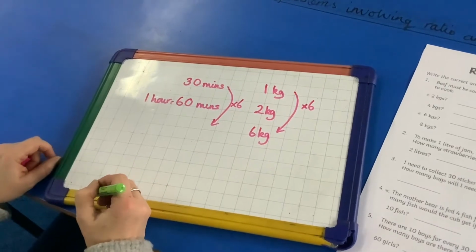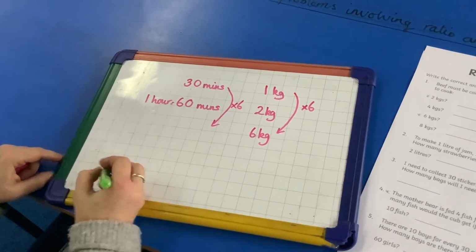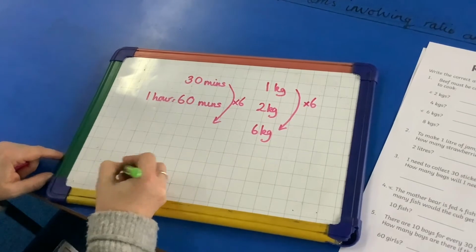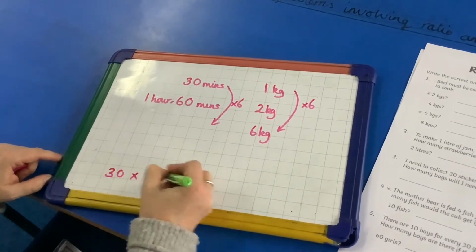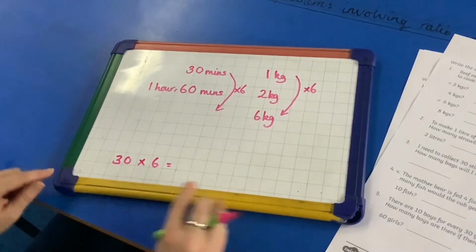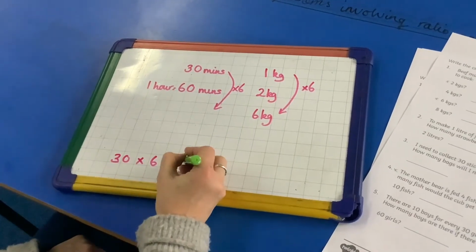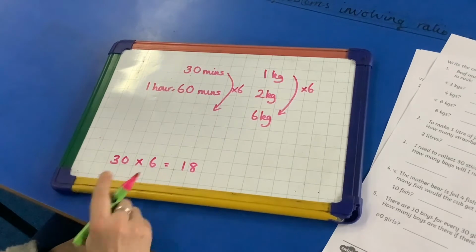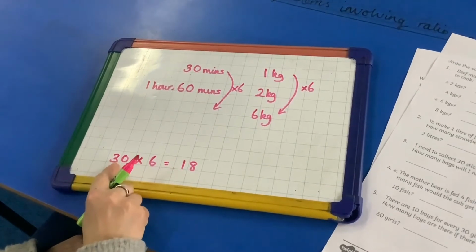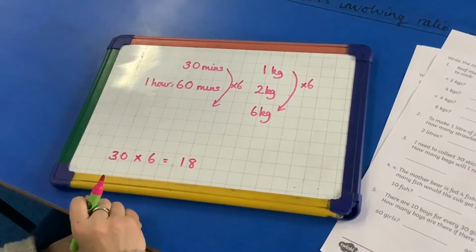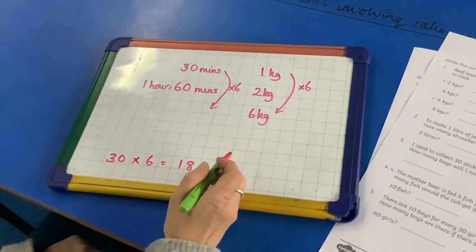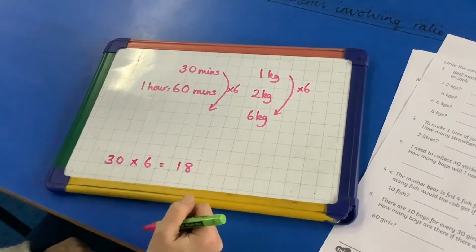Now there's a number of ways you can do it. I'm going for the quickest way. I'm going to do my working out down here. 30 times 6, I'm going to use a fact that I know. I know that 3 times 6 is 18, but I didn't want 3 times 6, I wanted 30 times 6. So I'm going to use a mega fact. I've got to make this number 10 times bigger.